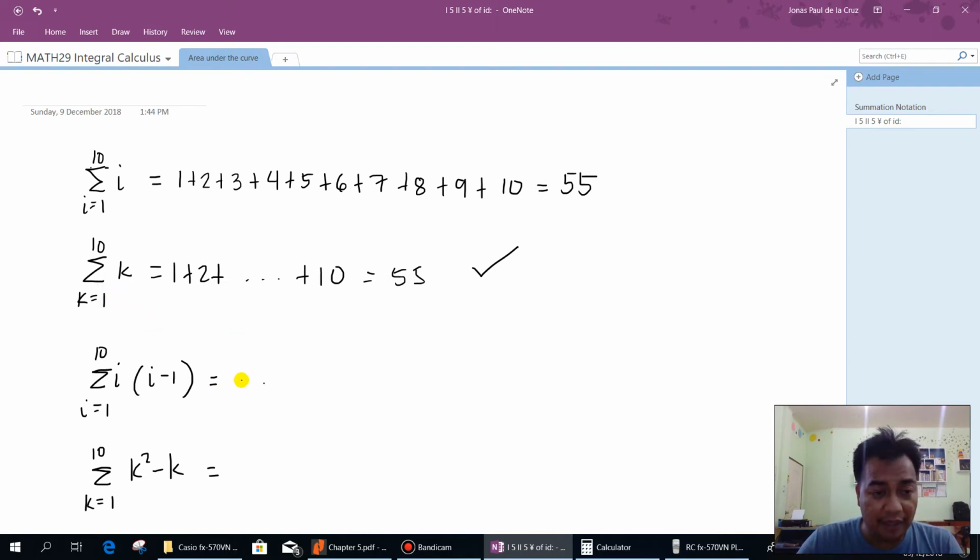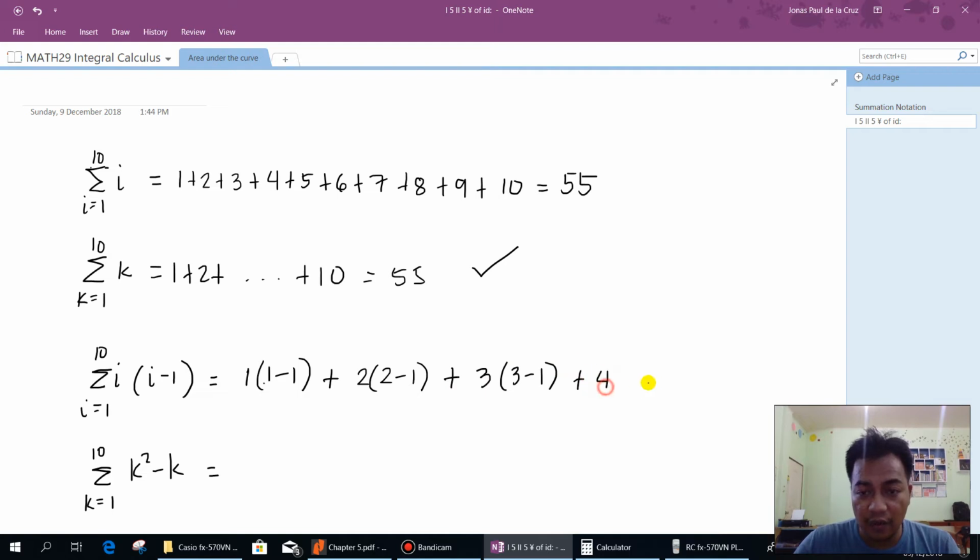Okay, I times I minus 1. So this is 1 times 1 minus 1 for the first one. And then plus. Go to 2. 2 times 2 minus 1. Pinapalitan natin yung I. Then plus. Go to 3. 3 times 3 minus 1. Plus 4 times 4 minus 1.